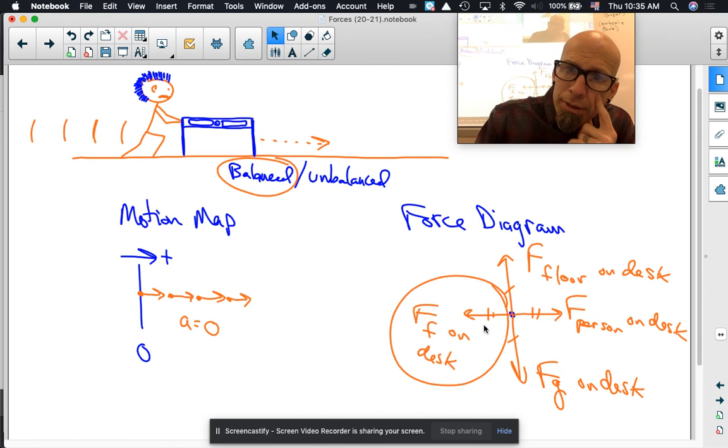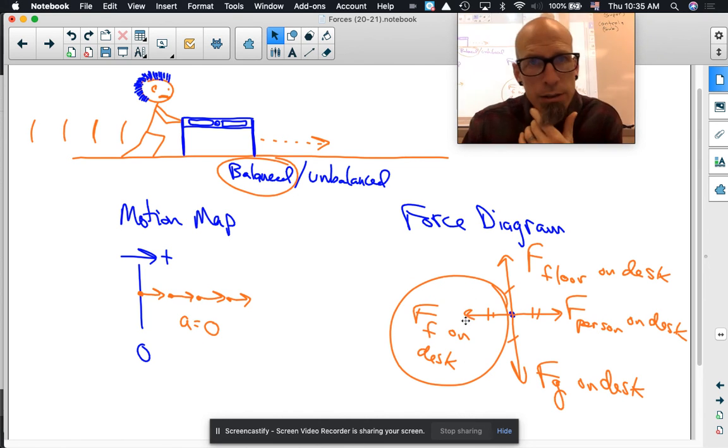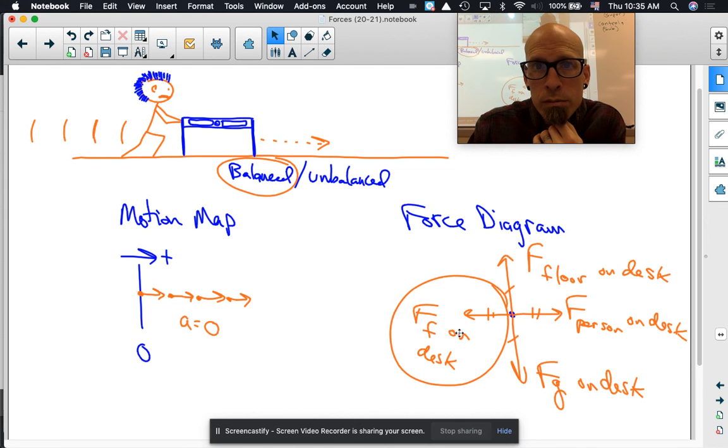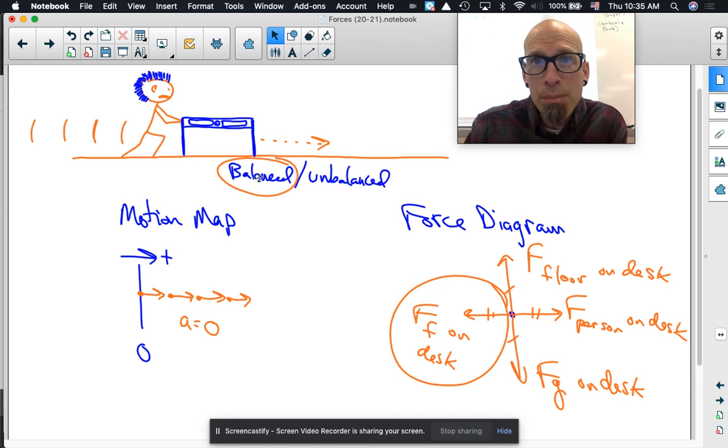But is there a force of friction on the desk? If the forces have to be balanced, then do you have any other idea of a force that could be acting opposite of the force of the person on the desk? Any other idea other than friction? I can't think of one. There's nothing else in the picture. We literally have a floor with a desk, and we have a person pushing the desk.